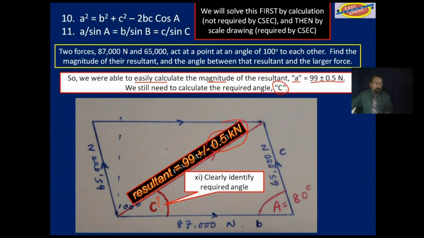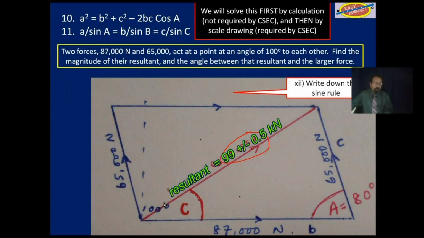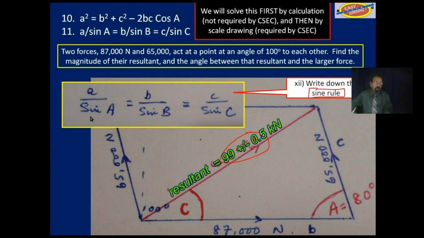Clearly identify the angle. Now we write down the sine rule, which is A over sine A is equal to B over sine B, which is equal to C over sine C. We want this angle, so angle C and side C will come into play.